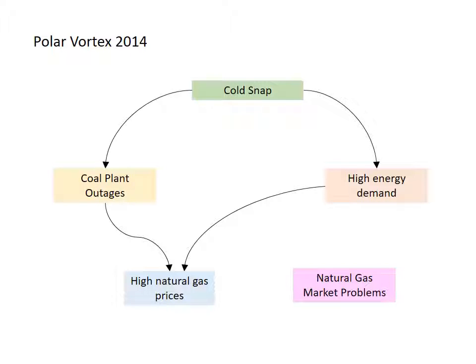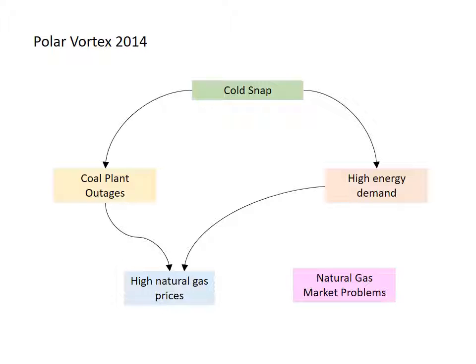Here's another example that's a little bit less driven by institutional failures and more by sort of coordinated, or correlated failures and shocks. The polar vortex of 2014, the main shock was this really, really severe cold weather snap. And that simultaneously increases electricity demand and creates outage problems at coal-fired power plants.